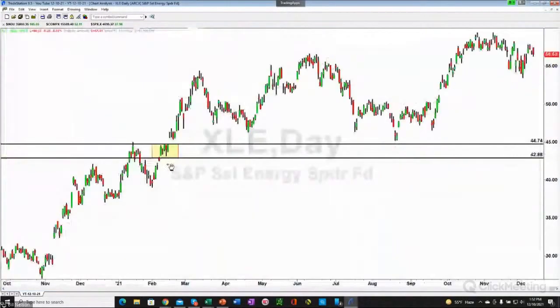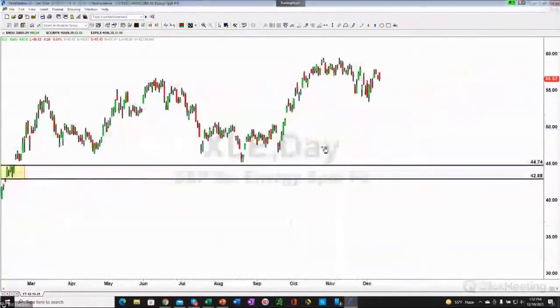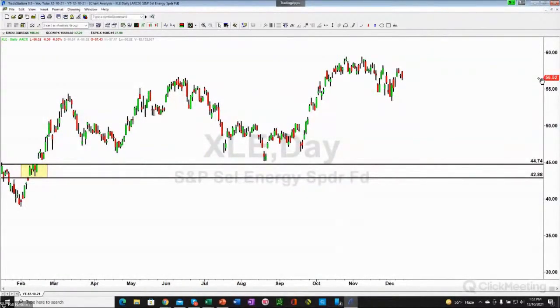So let's look at the daily chart. Looking at an entry point here at 44.74 to 42.88. From a percentage standpoint, somewhat significant, but in the big picture, a 10, 12, $12 move.